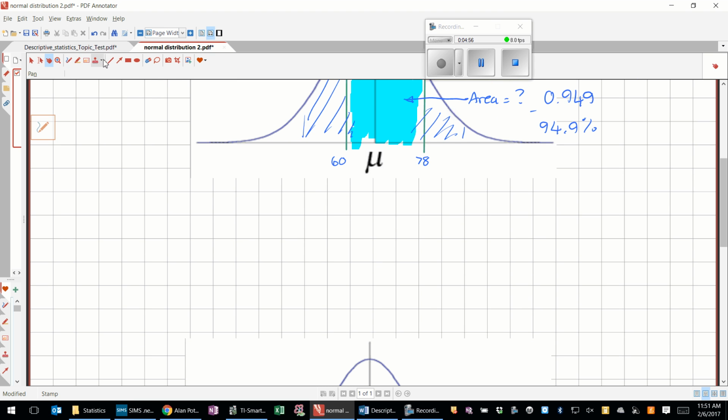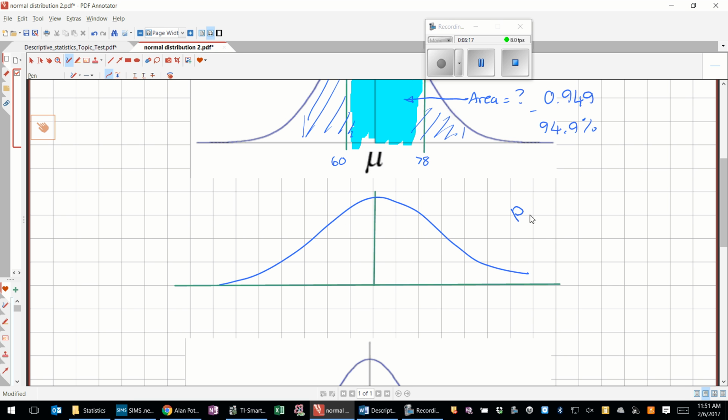And that is for a different situation. Sorry, just do another quick one. The problem that we just did was between two particular values. But what if we had our normal distribution curve and it was just the probability that x is less than, same problem, less than 52.